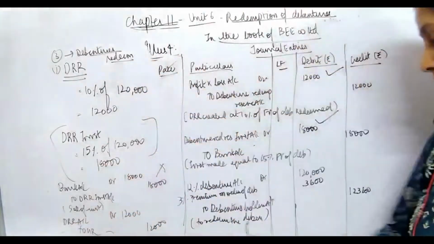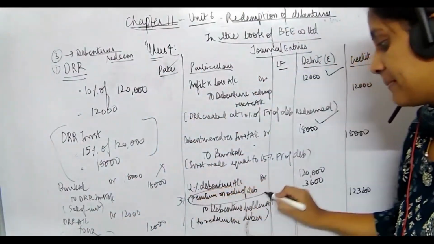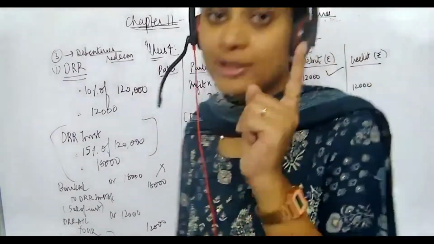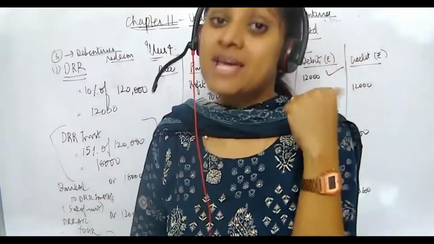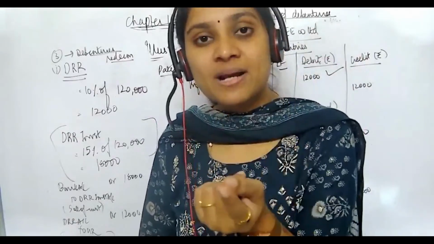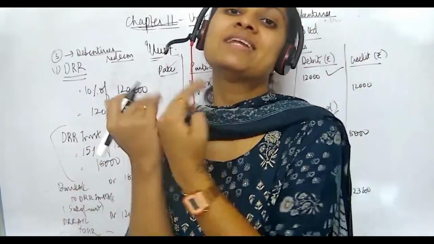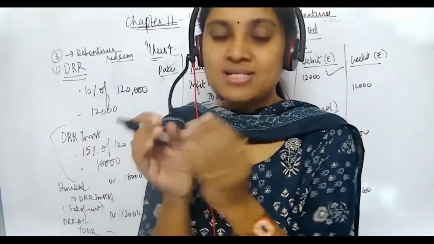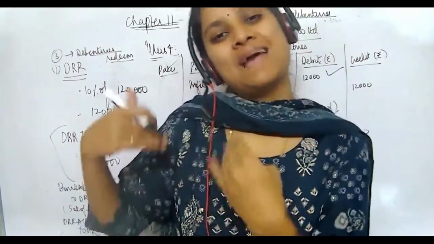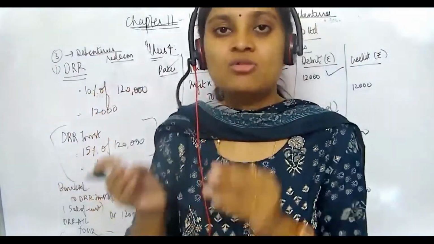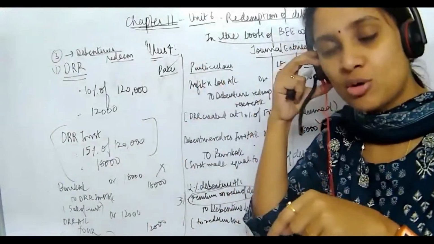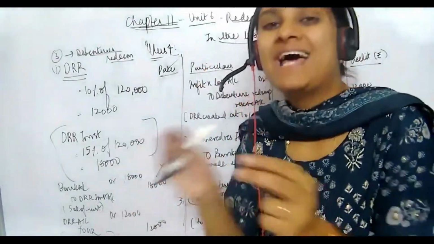The next entry: whenever you have the premium on redemption, this is your loss. Like the redemption of preference shares at a premium, this is a loss for the company. But after the repayment of your debenture holders, should this account be there in your books? No, I am closing the debenture holders account. So this amount of the premium on redemption also, I have to write it off.